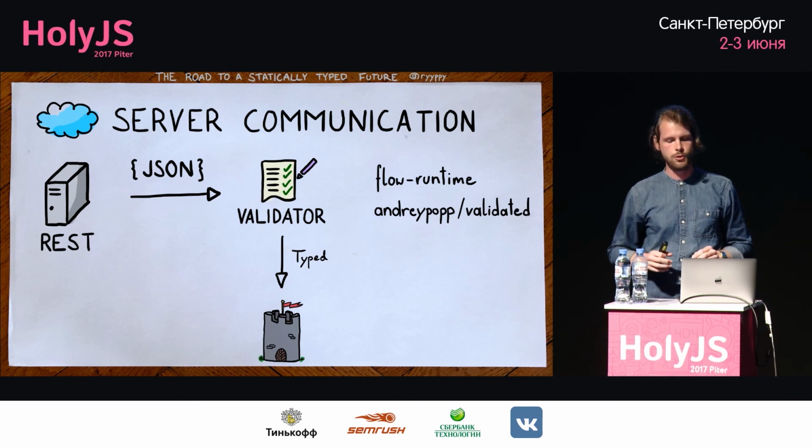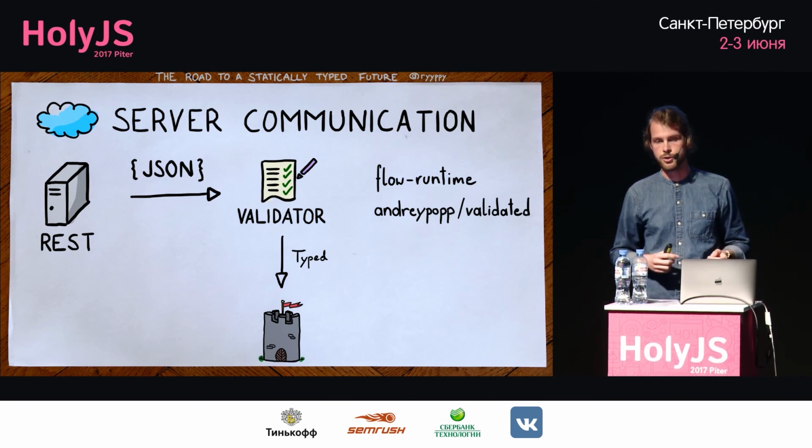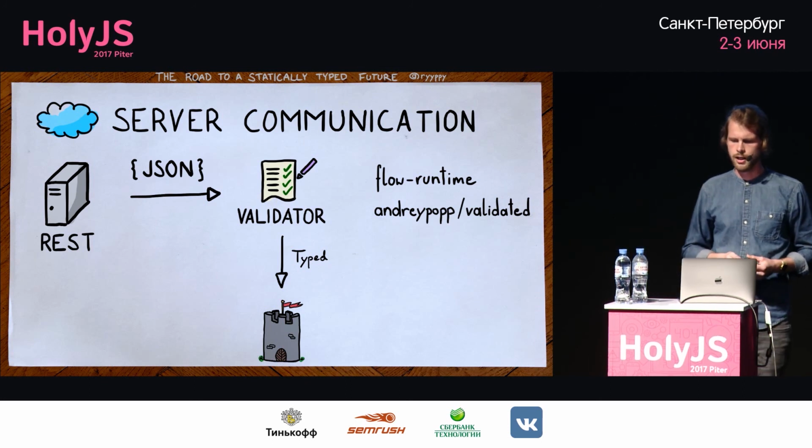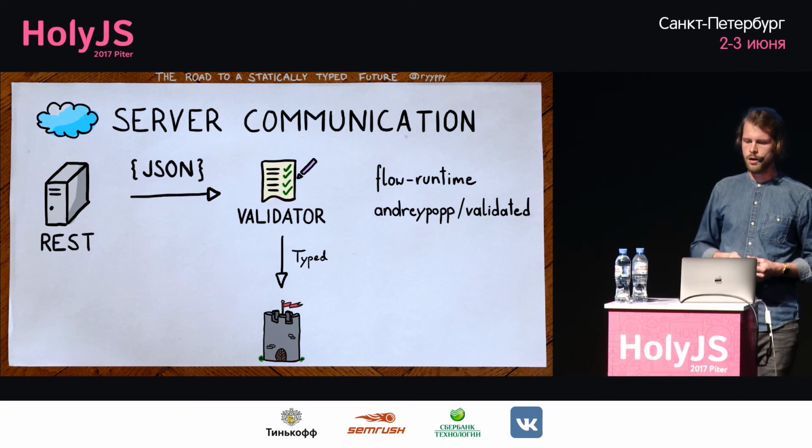There are some solutions like Flow Runtime, which offers you a Babel plugin to transpile your type information into validation routines. And this is very useful. And also the more lightweight version, Andre Pop did a validated library, which is also very Flow-centric. He's also from St. Petersburg, I think. And it's also a very nice solution.